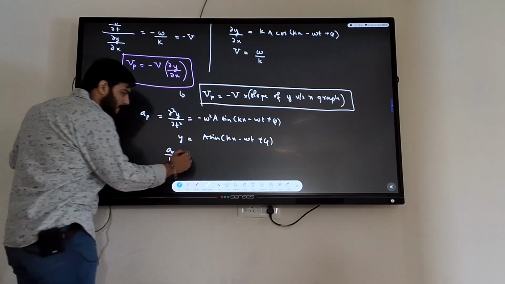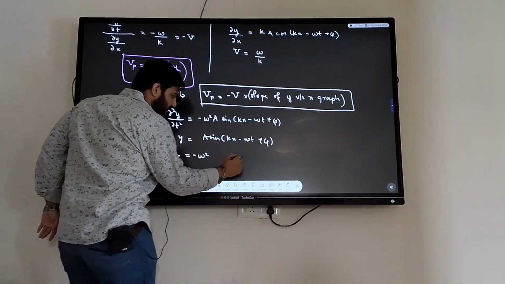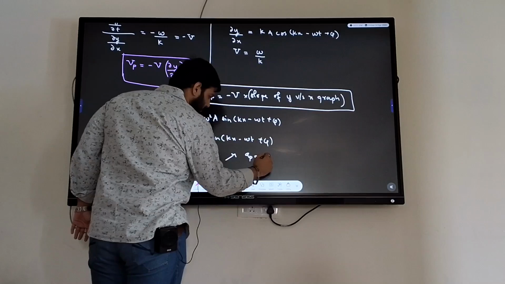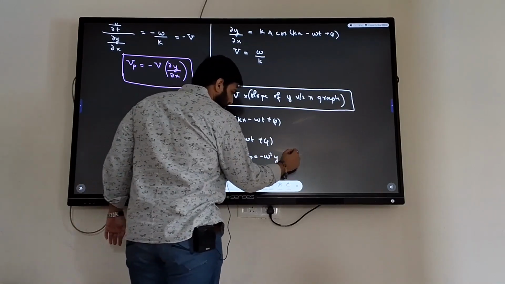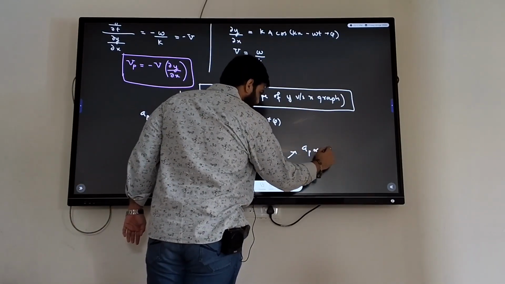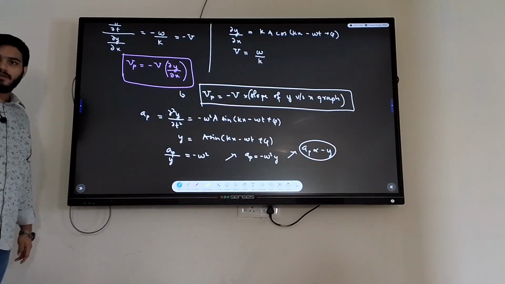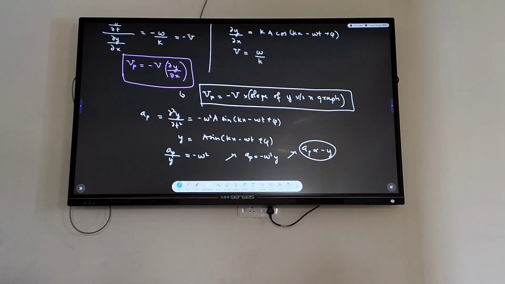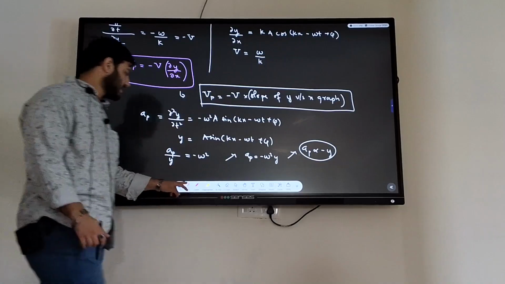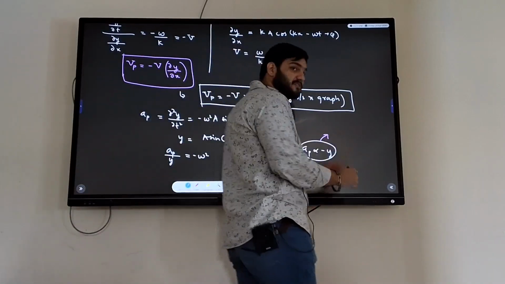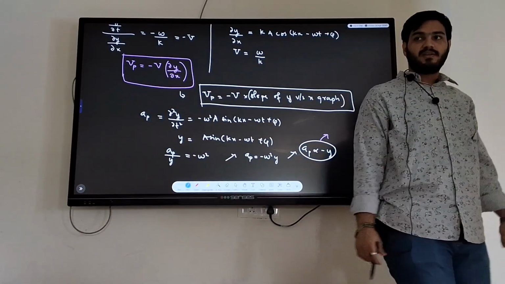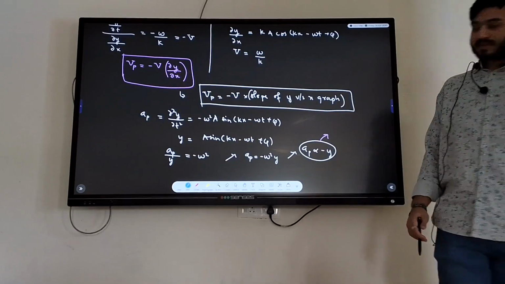Minus omega square. So your Ap is equal to minus omega square y. That means Ap is proportional to minus y. What motion has this characteristic property? That's called SHM. So the particle not only oscillates, it actually performs SHM. Yes or no? By using the wave equation, we found this.